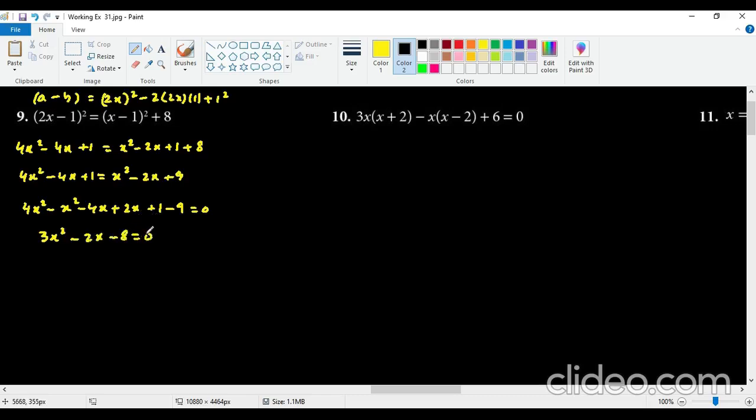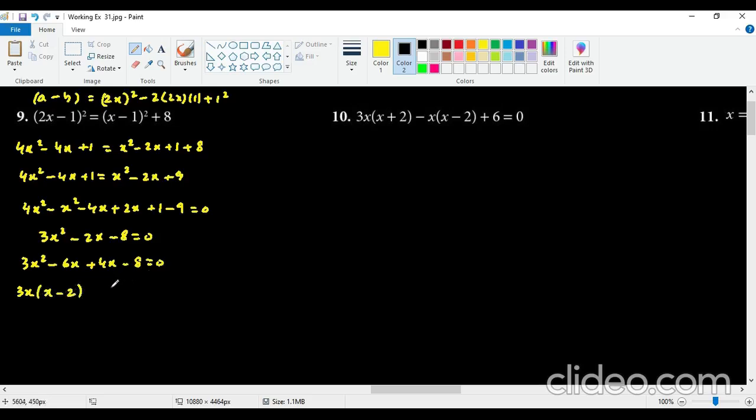Now we can factorize this very easily. 3 times 8 is 24, and 6 times 4 is 24, and minus 6 plus 4 is going to give us negative 2. So 3x square minus 6x plus 4x is going to give us negative 2x, minus 8 equals 0. So in the first one, what we have common is 3x. x minus 2 is going to be in one bracket.